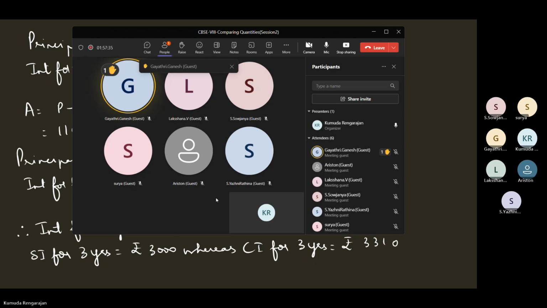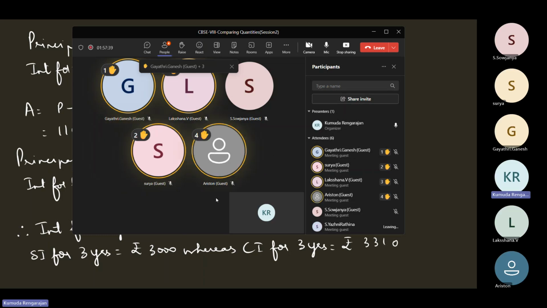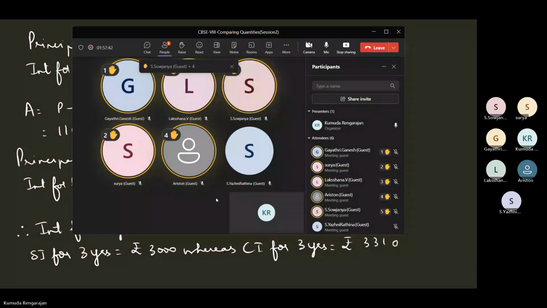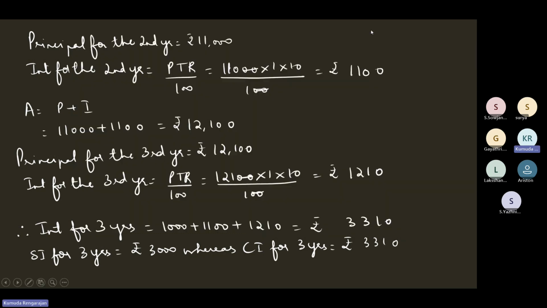Gayatri, Surya, Lakshana, Ariston, Saujanya. Yarni, very good. Thank you, children.